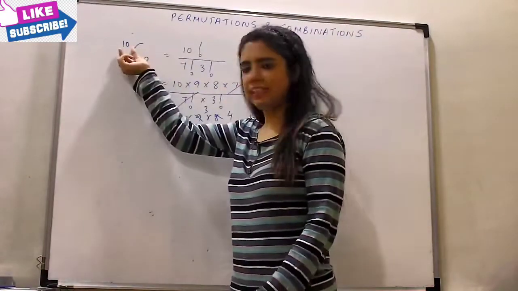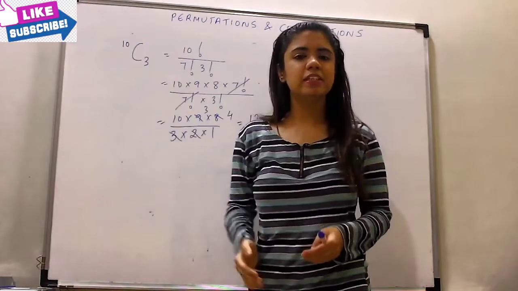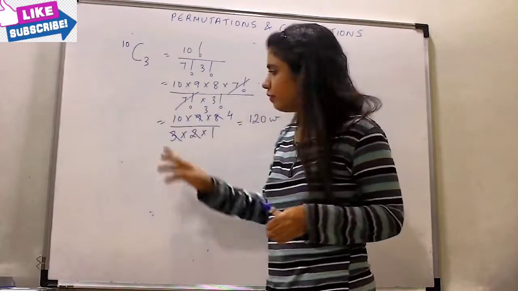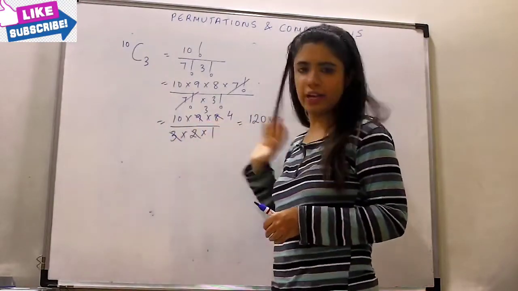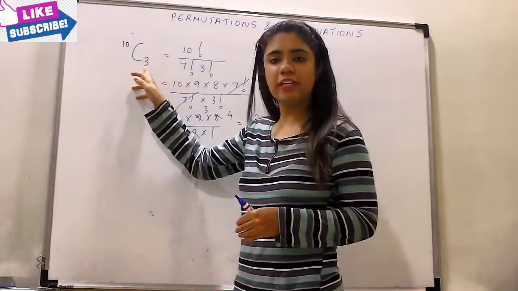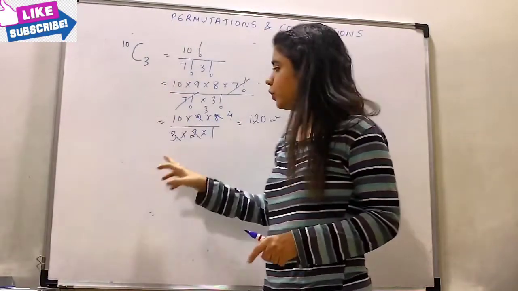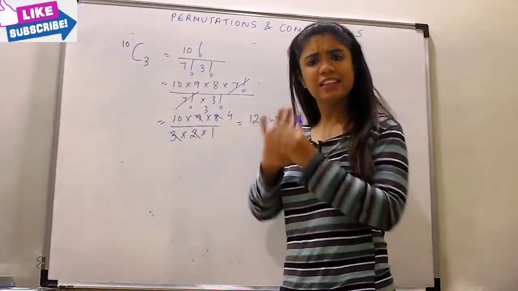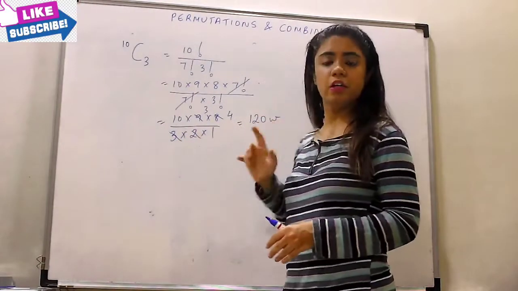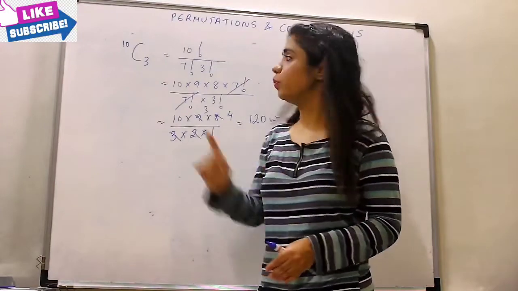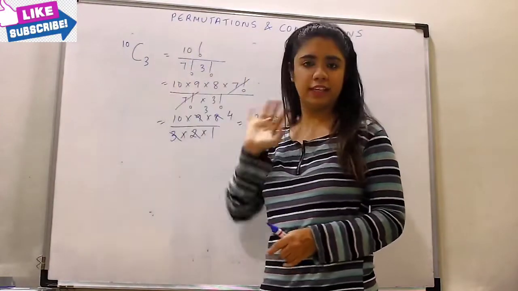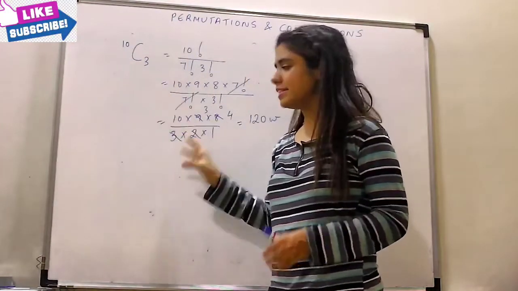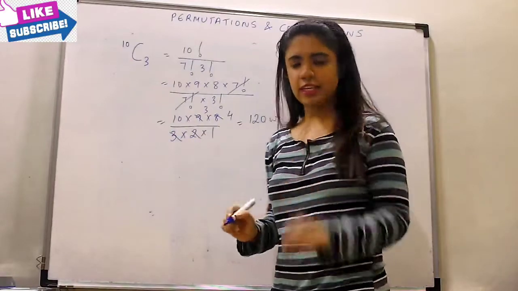That means you start with 10, write 3 numbers in decreasing order. So that will be 10 into 9 into 8, and in the denominator also, you start with 3 and go back, so that becomes 3 into 2 into 1. That's it. You will get your answer. There is no need for you to solve this entire thing, because this part and this part are the same.